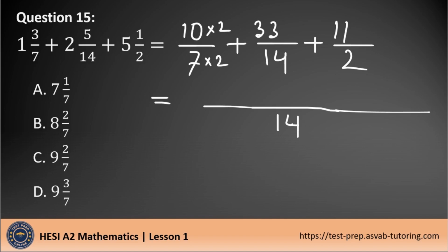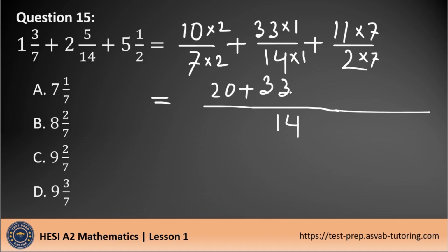So here we will multiply by 1, and here also multiply by 1. And 2 times 7 equals 14. So here we will multiply by 7 and also multiply by 7 with the numerator. So here 10 multiplied by 2 equals 20. 33 multiplied by 1 equals 33.